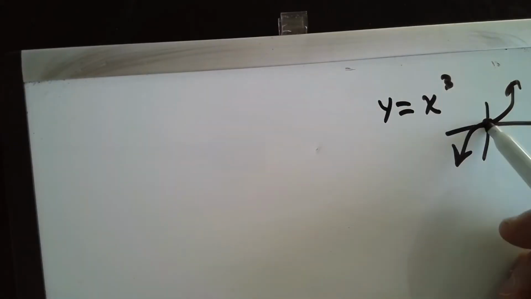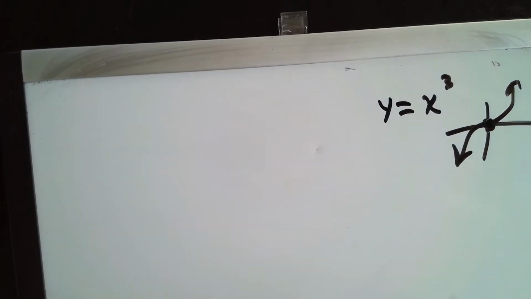So you start with the parent graph, y equals x cubed, and that's half, like a parabola, half up and half down, where this point here is known as the point of inflection, where it goes from curving up to curving down. So we're going to take x cubed minus 3, right?